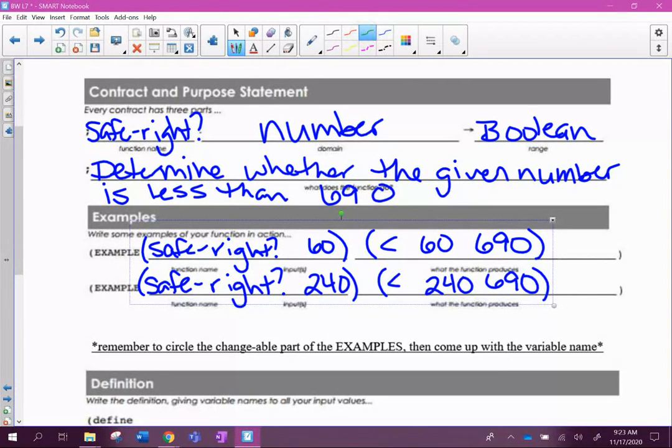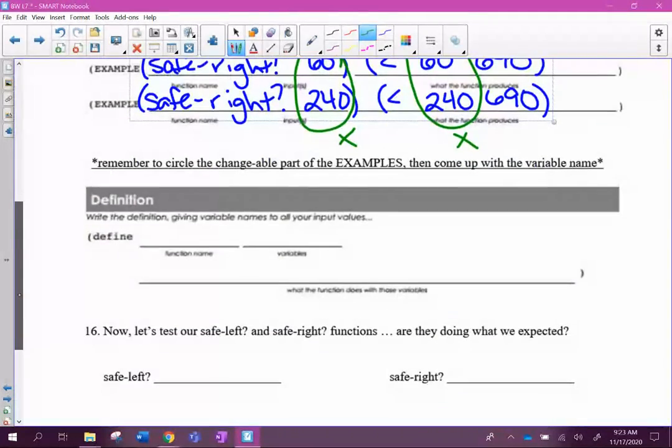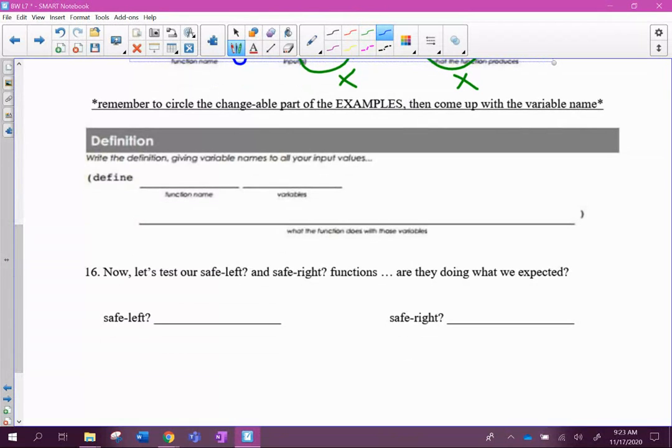Same thing, 60 and 240 are my changeable parts. Those represent the x value of Sam. So my definition, we're defining safe right using an x value. And my function is going to see if that x value is less than 690.